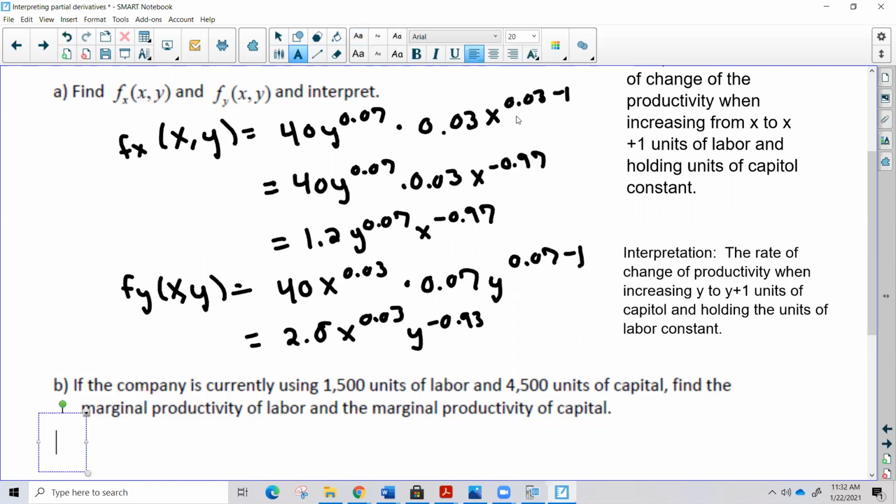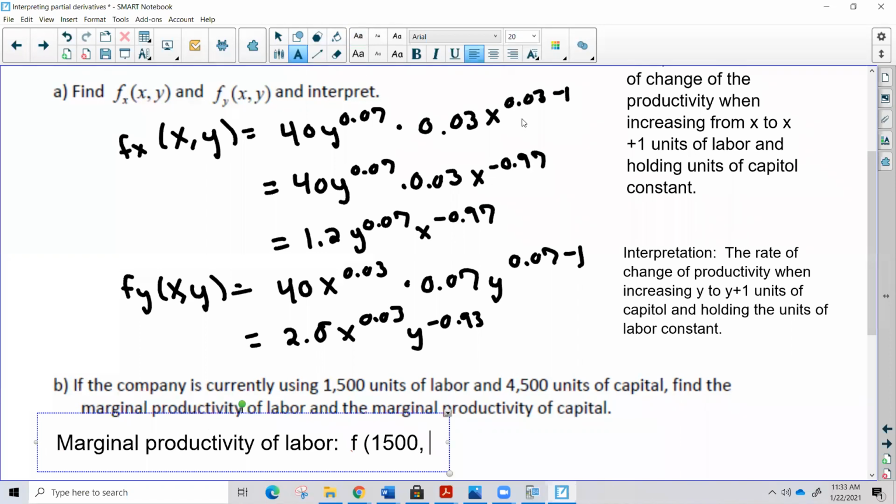So for the marginal productivity of labor, we would find Fx of, again, X is labor, so 1,500, and then the capital is 4,500.